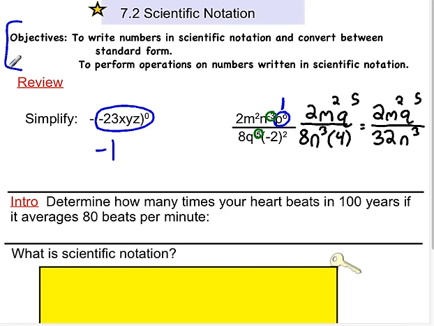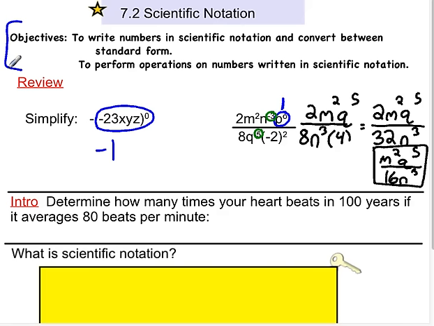Both of those numbers are divisible by 2, so you can reduce it. This is going to be 1m squared q to the 5 over 16n cubed. Obviously, you don't really need that 1 there, so you can take that 1 out. Multiplying by 1 doesn't actually do anything. So this would be your final simplified form of that expression.